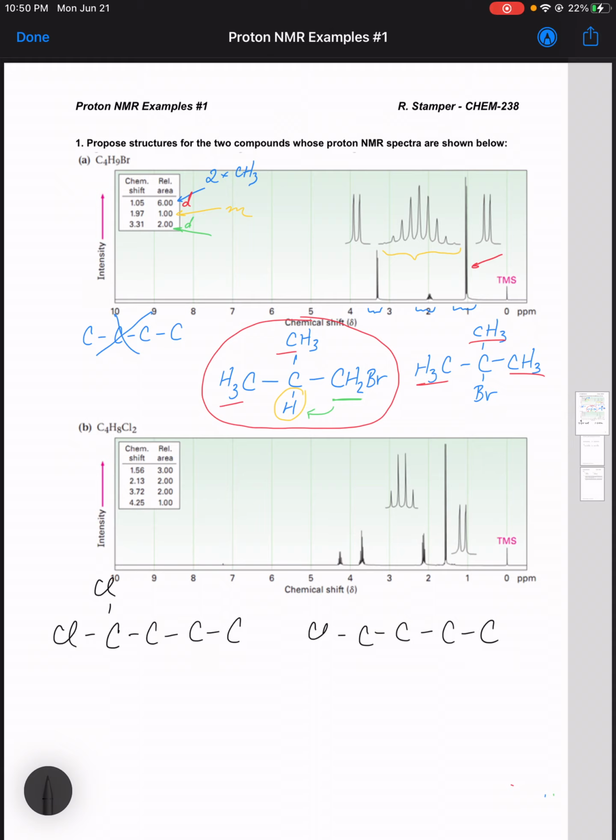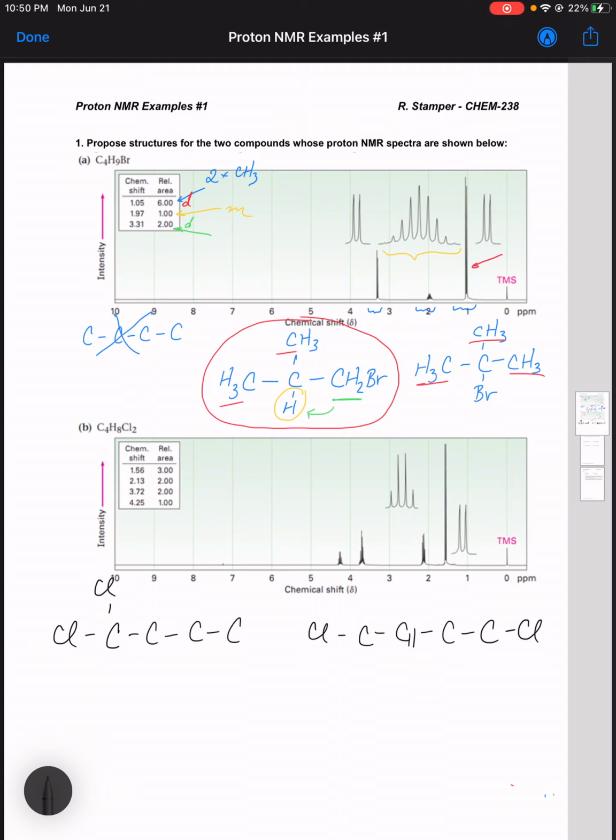We could have a chlorine on each end. This one would not make sense for us, and the reason for that is symmetry. If we had a chlorine on each end and you fill out all the missing valences with hydrogen, now we have symmetry in the molecule.